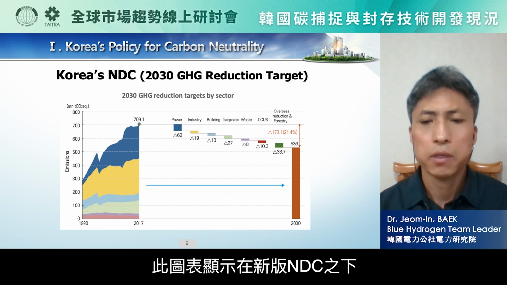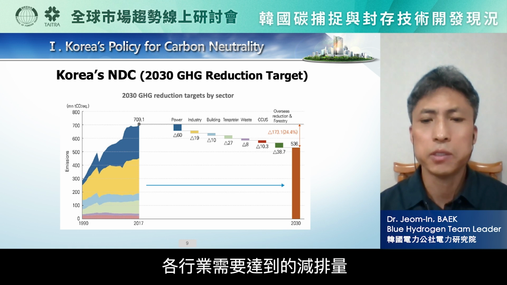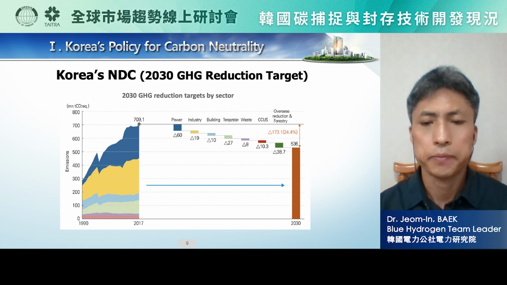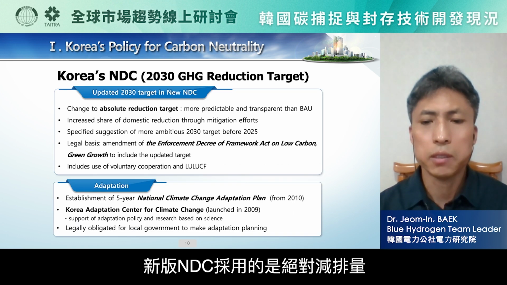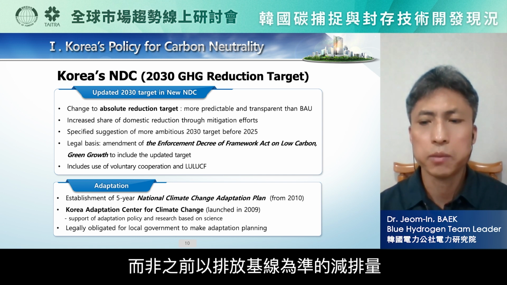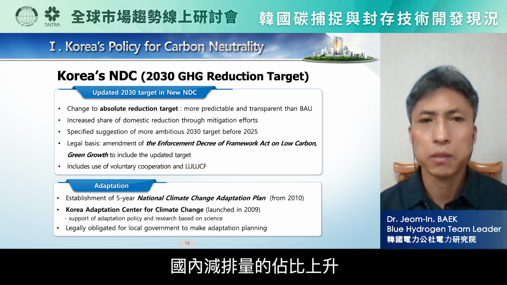This graph shows how much each sector has to fulfill emission reduction duties under the new NDC. The new NDC adopted absolute reduction instead of previous BAU-based reduction, and the share of domestic reduction increased.